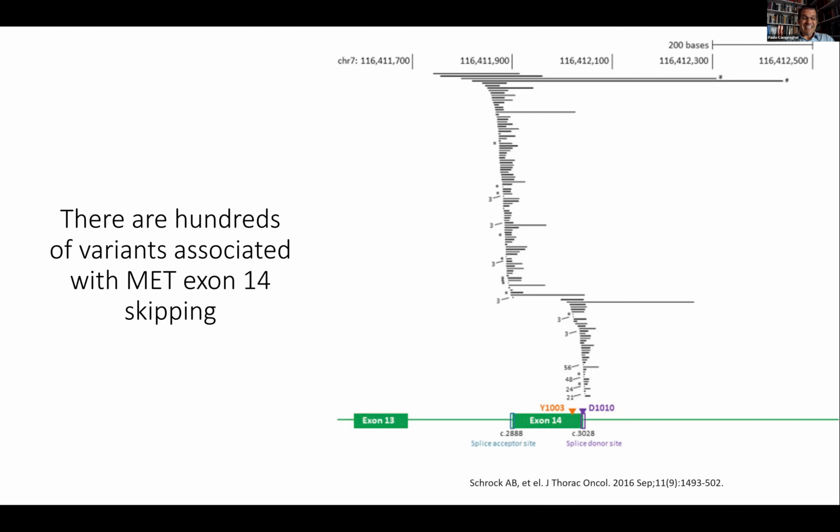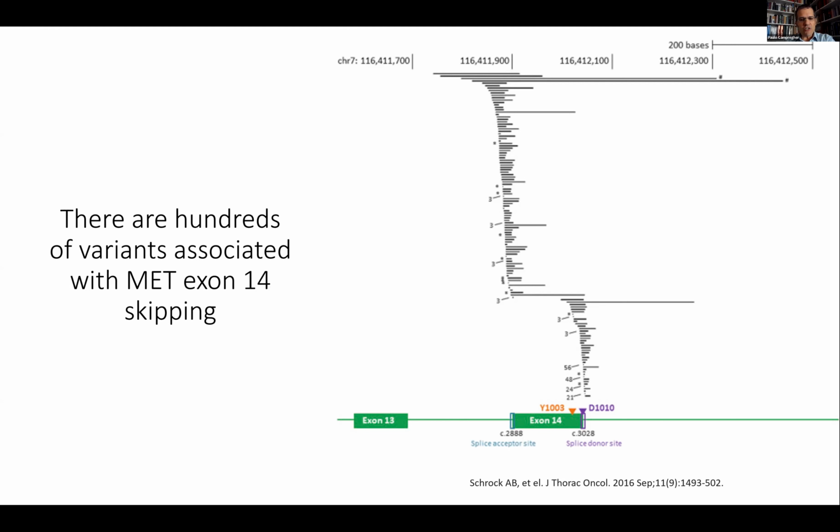But when we look at the DNA-based assays, this is a Foundation Medicine publication from 2016, cases with MET exon 14 skipping. In the DNA, this is a very heterogeneous event, right? So each one of these small marks is one patient, right? So we have hundreds of different DNA-based events leading to MET exon 14 skipping.